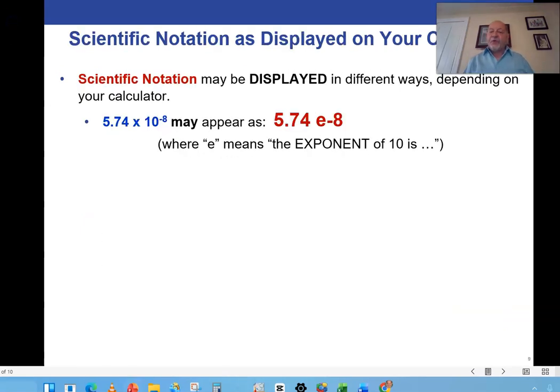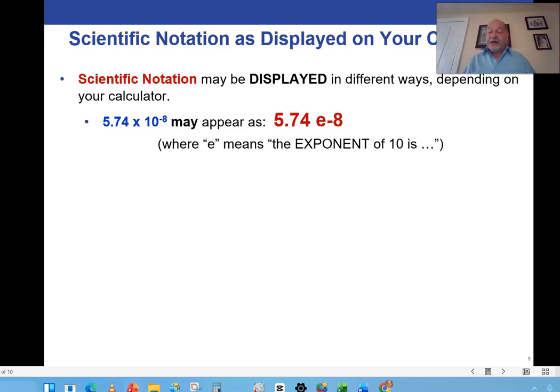Now, before we go into actually using these 2 buttons to input scientific notation on your particular calculator, it's important to discuss how the calculator displays scientific notation once you've input the number, because not all calculators display it the same way. The newest calculators will display it the way you'd like it to be displayed. So a number like 5.74 times 10 to the minus 8 will actually appear as 5.74 times 10 to the minus 8.